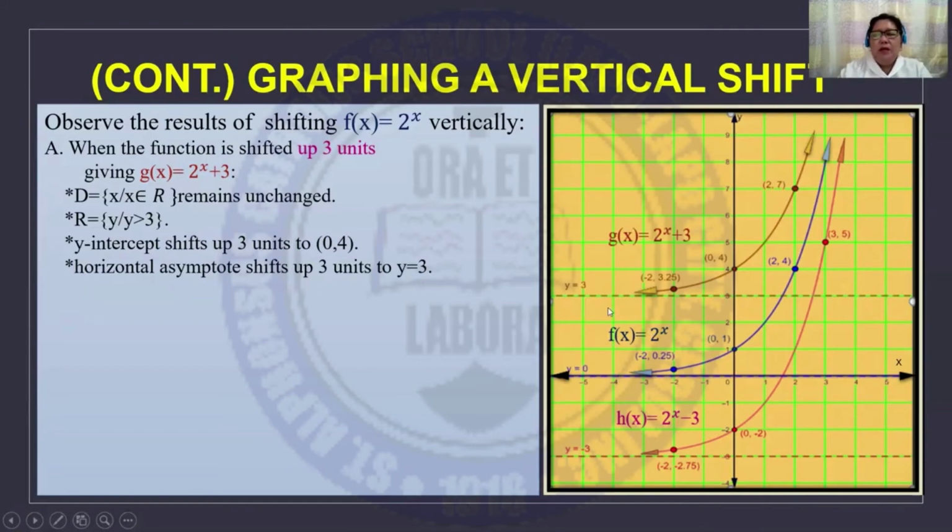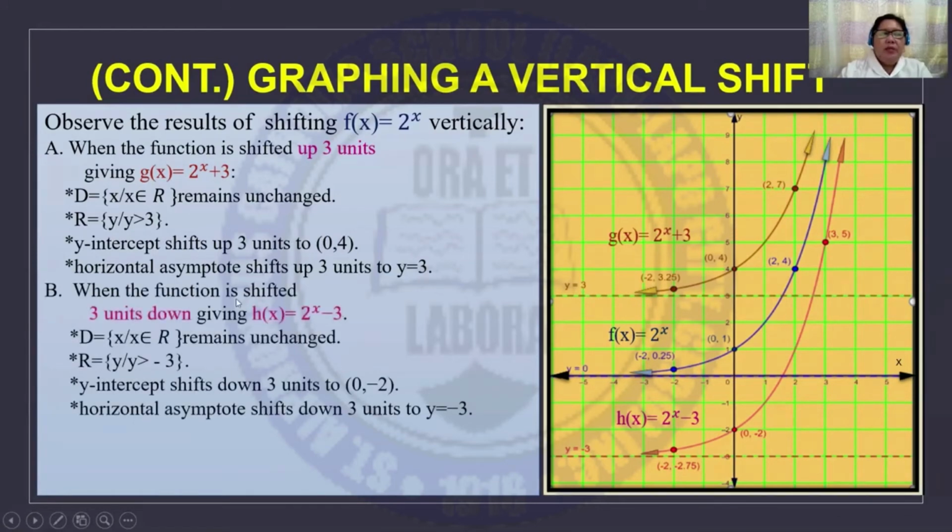Then another observation, when the function is shifted 3 units down, giving the third function, h of x is equal to 2 raised to x minus 3, the domain remains unchanged. But the range now is the set of y such that y is greater than negative 3. Look at the graph. This is negative 3. You can use only the values greater than negative 3.